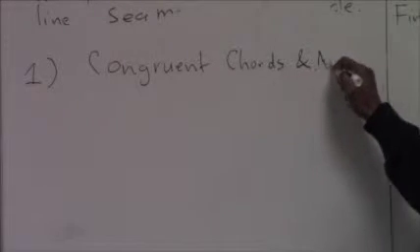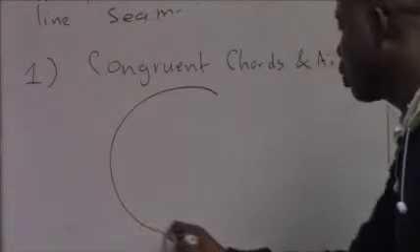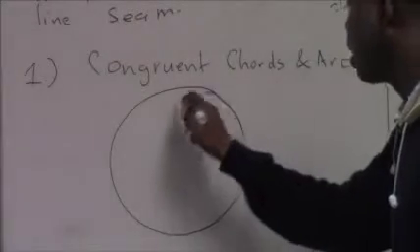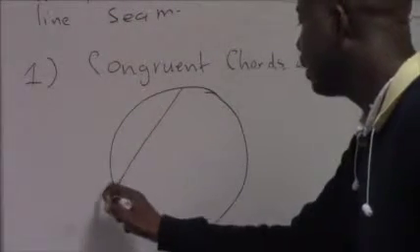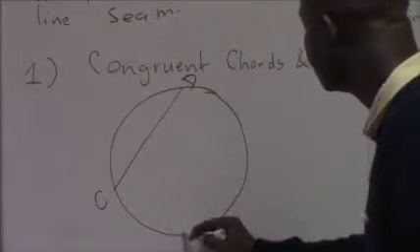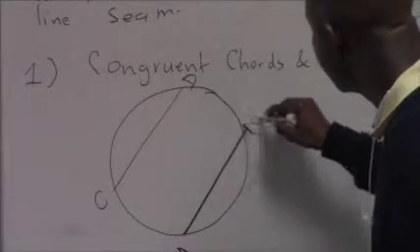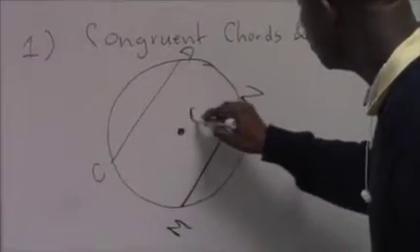Well, this is very simple. So I have a circle. Say I have an arc here. Let me call it C. So I have a chord, say I call it CD. Let me call this M, N. My circle has center at O.